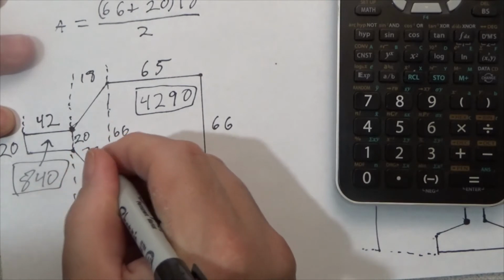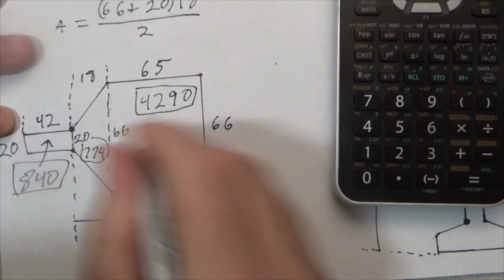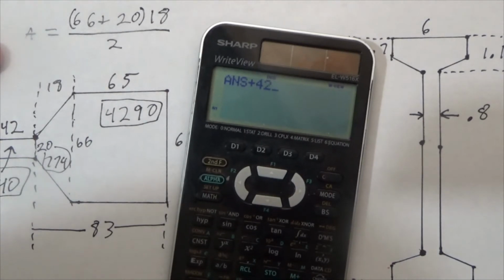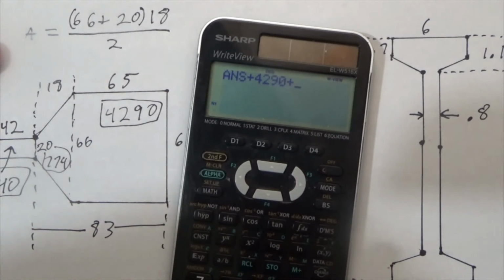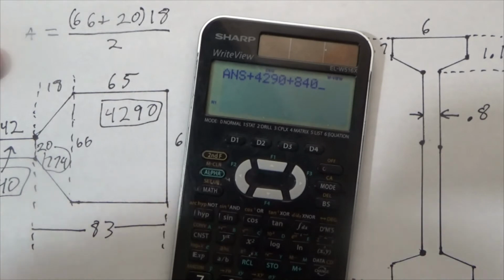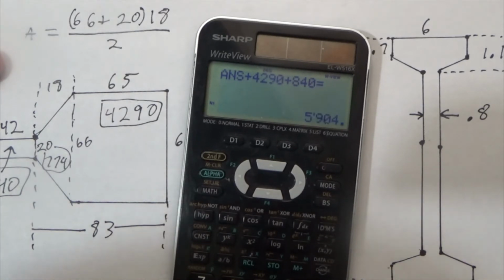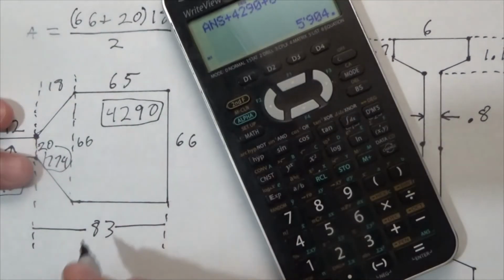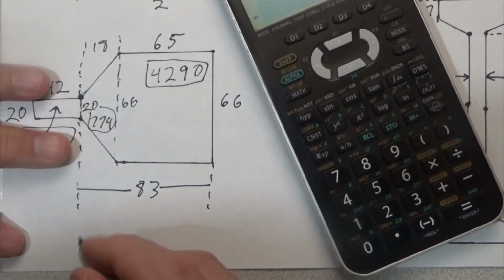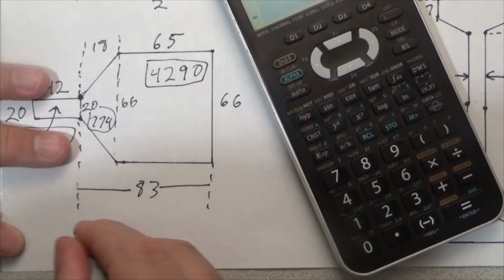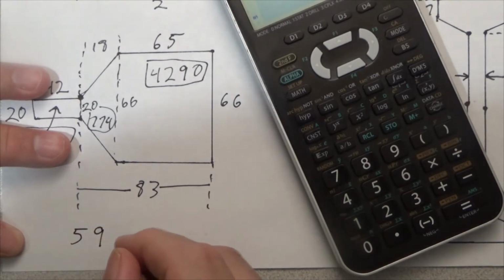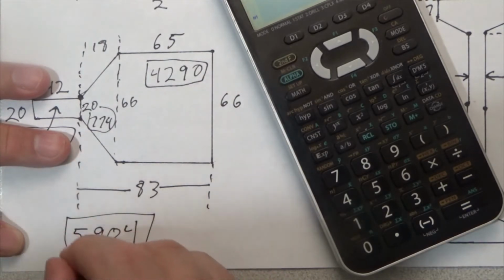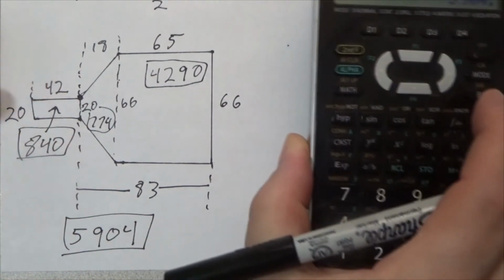Since that's already in my calculator, I'll add the 4290 plus 840. And the whole thing is 5,904. So that's the area of that whole thing right there.